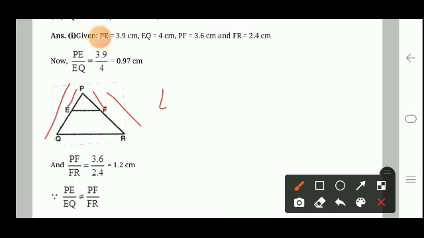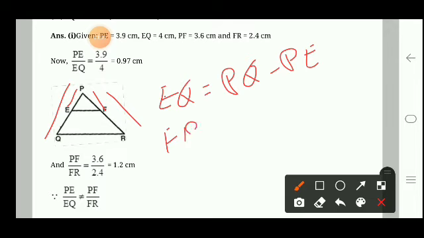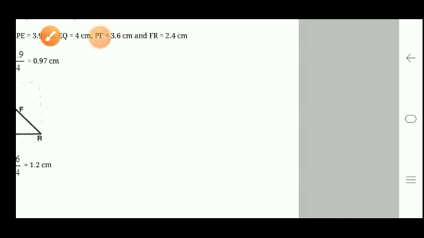So suppose we have to find the length of EQ, then EQ will be PQ minus PE. In the same way, suppose we have to find the length of FR, then FR is equal to PR minus PF. So this we are using.